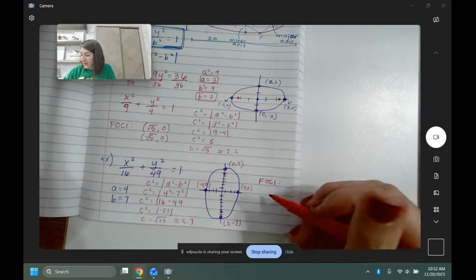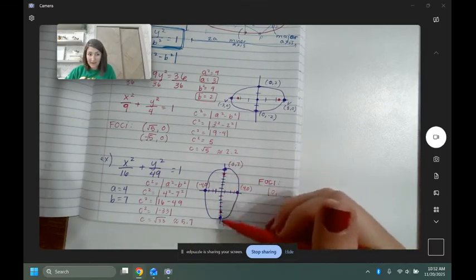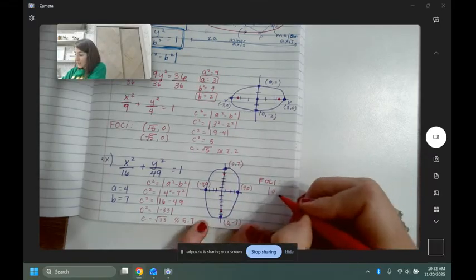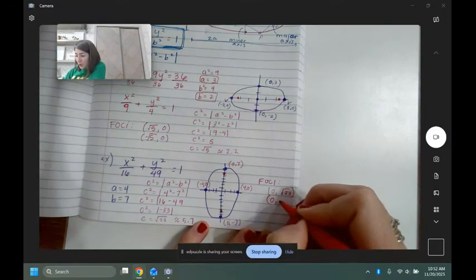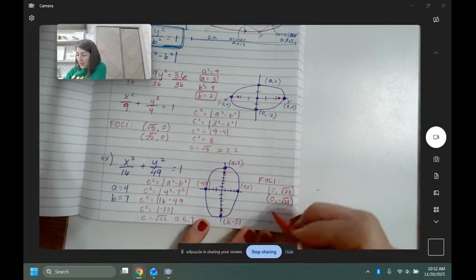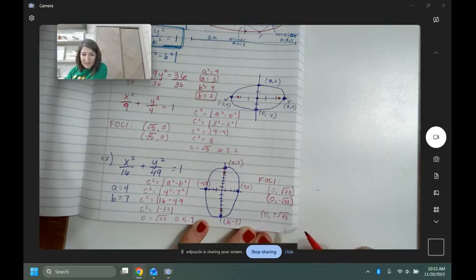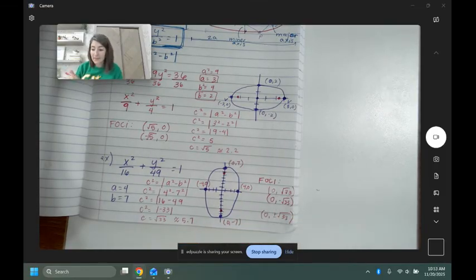The foci are going to be 0 because it's on the y-axis. So the point 0, root 33, and the point 0, negative root 33. Some people write this as 0, plus or minus root 33. That's fine too. These are the same thing.